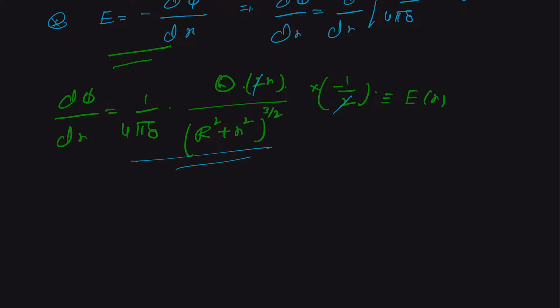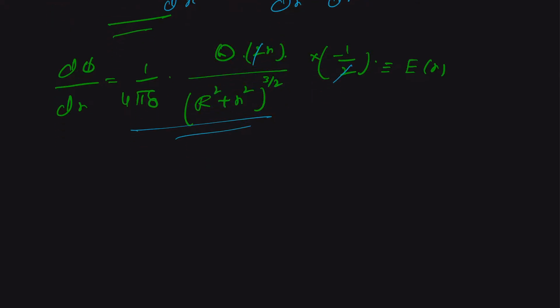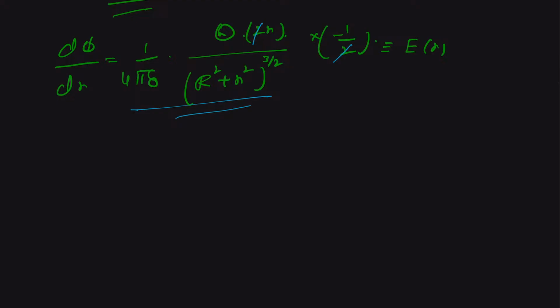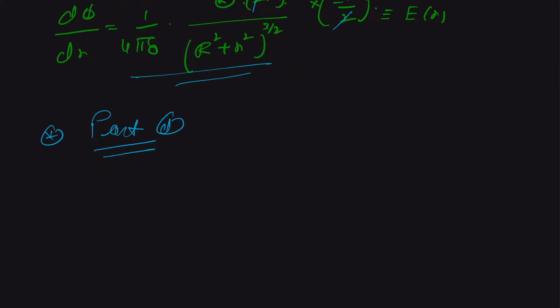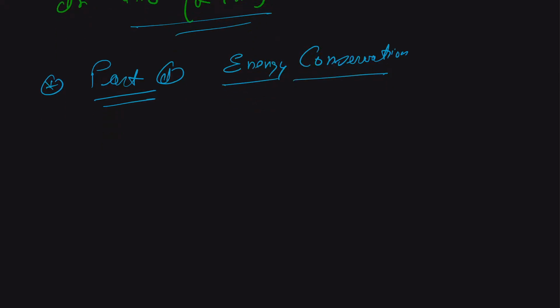And in part D, it says that we have released a charge minus q from rest from a distance. So we are going to use energy conservation. So part D, we start with our energy conservation, and let us write our initial energy.